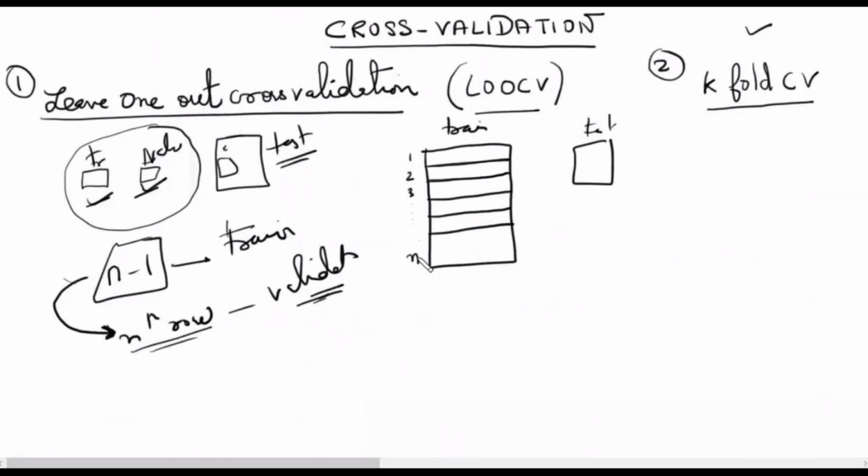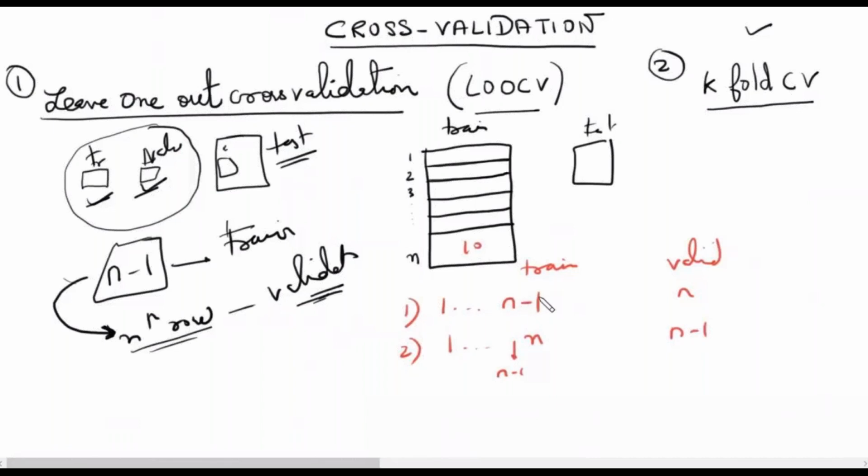For example, in the first iteration, we take 1 till n minus 1 as our training data, and our validation data will be the nth row. Let's say n is 10, so we have 10 rows of data.